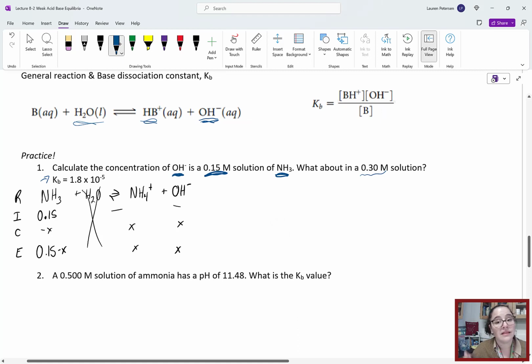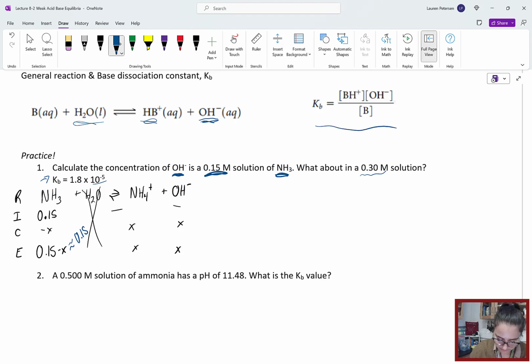And like in our acid problems and 90% of our equilibrium problems, X is going to be pretty small, so we can treat the 0.15 minus X as just 0.15. Setting up our Kb expression, we got 1.8 times 10 to the negative 5 equals X times X, so X squared over 0.15.